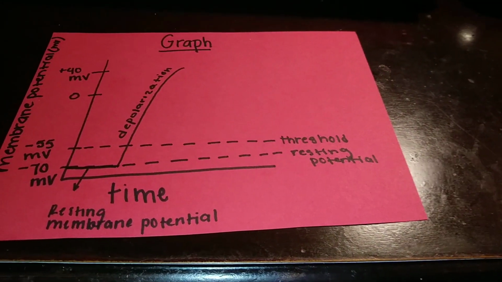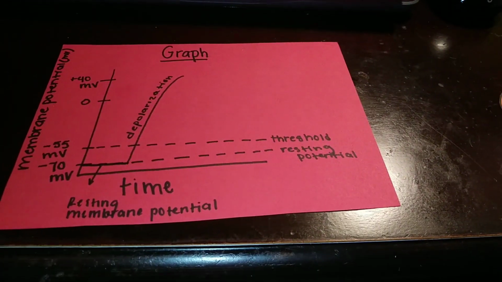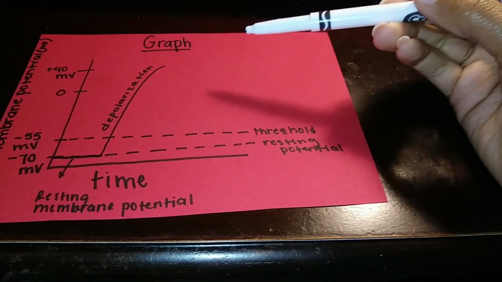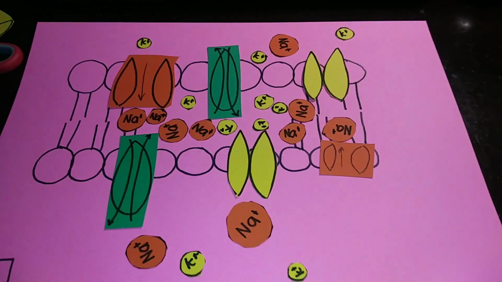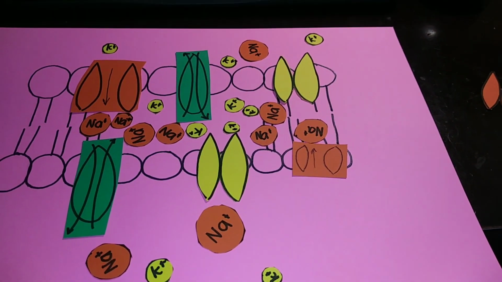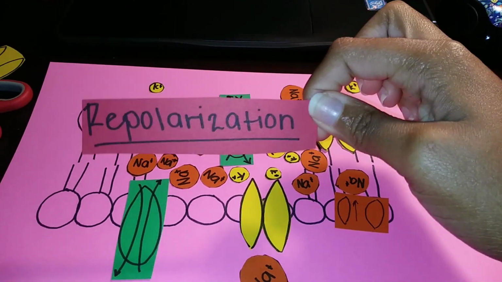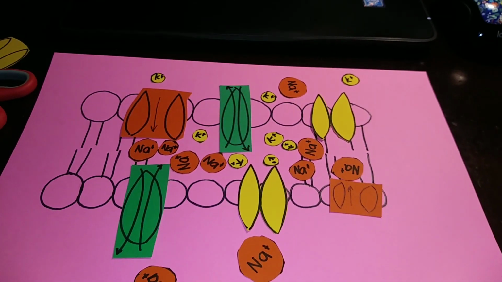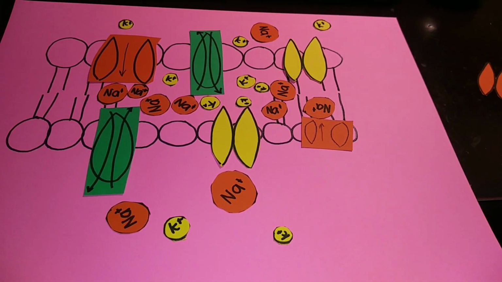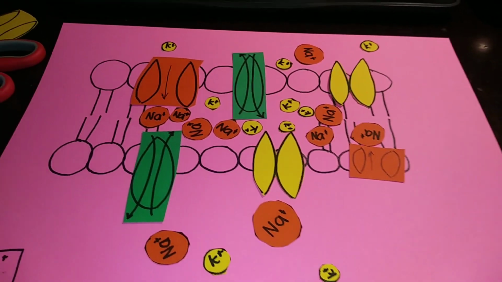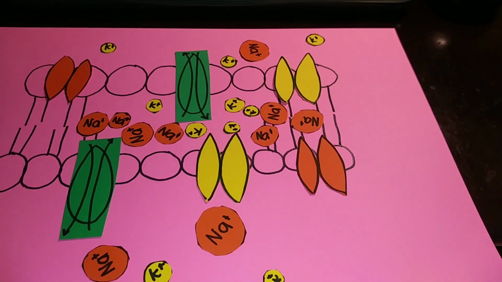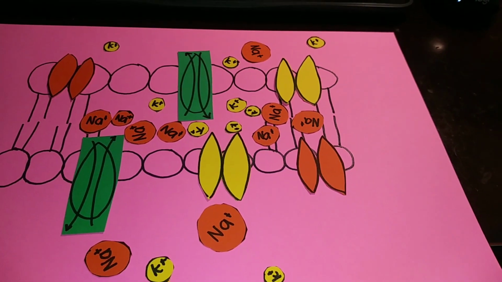So now we're going to talk about the next stage of the action potential, and figure out what happens with this graph afterwards. The next stage is repolarization. Repolarization is the period where the sodium channels will close and the potassium channels will open.